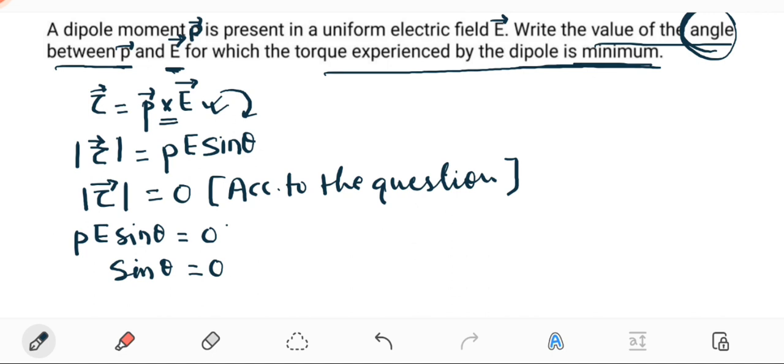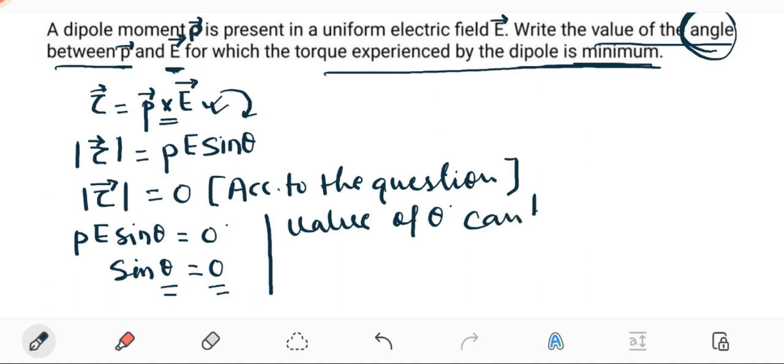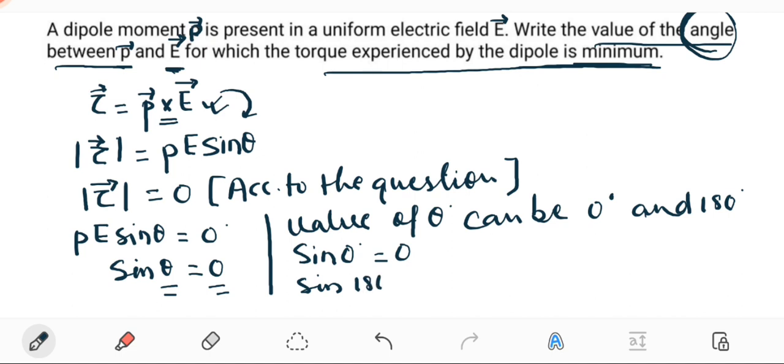Now for sine theta equal to 0, the value of theta can be 0 degree and 180 degree, because we know that sine 0 degree is equal to 0, and sine 180 degree is also equal to 0.